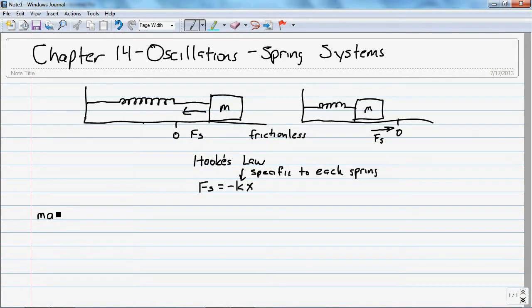So our acceleration is not constant. It is a function of time. And that's going to equal the sum of our forces as a function of time. Well, we know that the acceleration is the second derivative of distance.